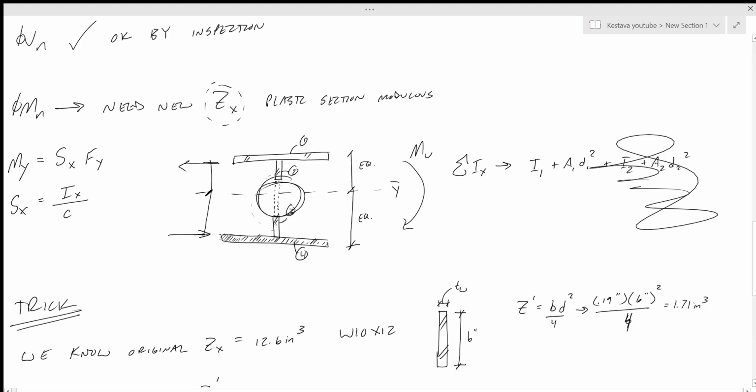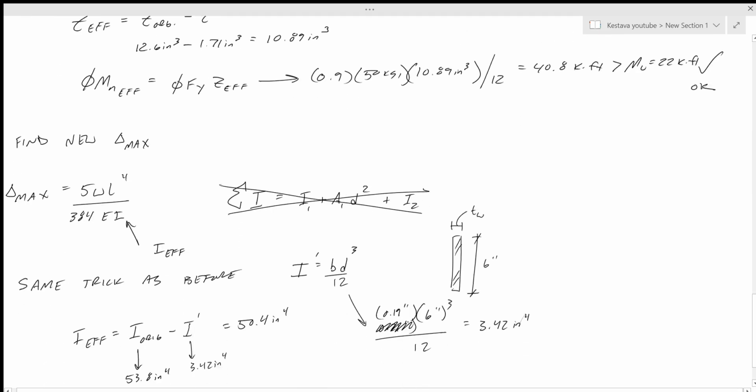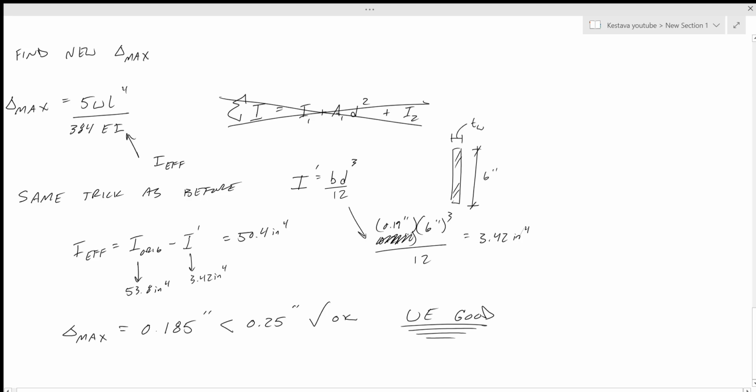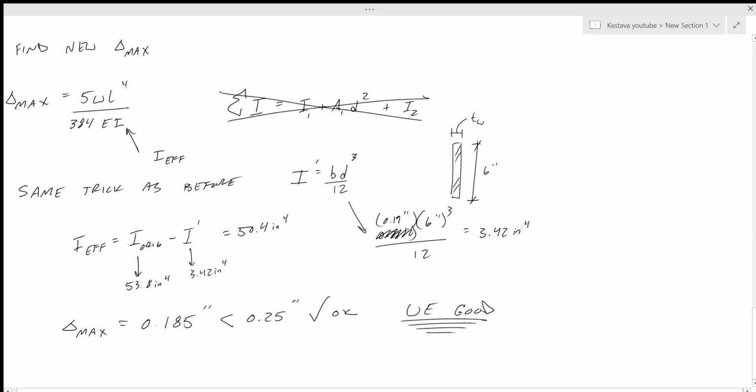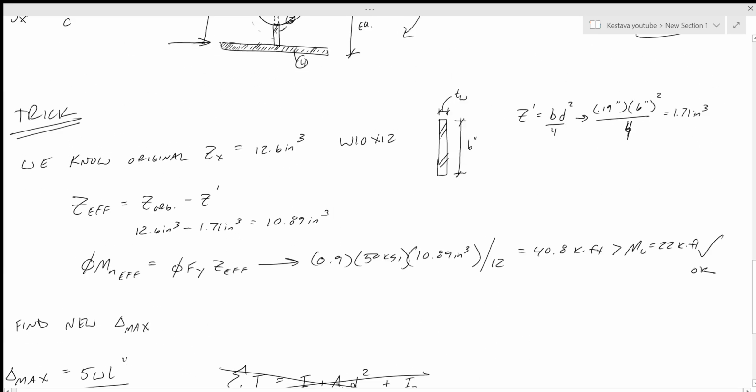Not always, but that's usually what it correlates to. As you can see through our equations, although we took out a 6-inch portion of our web, that really didn't reduce our effective I or our effective Z at all, really.